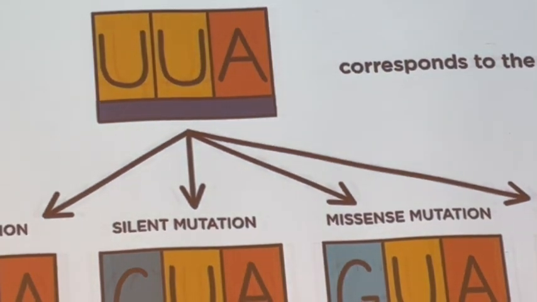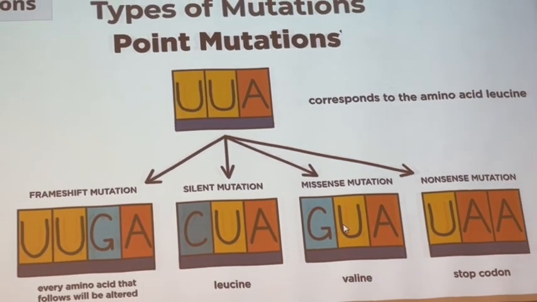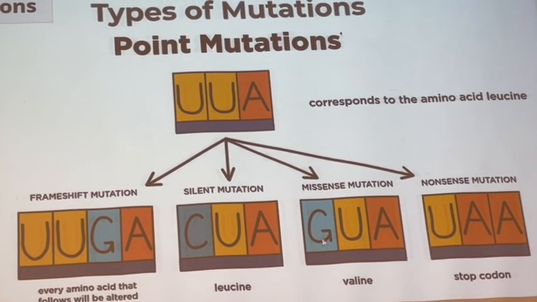Okay, then a missense mutation is where these first 2 amino acids would be altered, giving it a whole new amino acid. So either one here or one here, giving it a different amino acid. So the amino acid is now valine instead of leucine. So we don't know how that affects the protein. It depends. It could make the protein more efficient and stronger, or it could break the whole protein altogether.